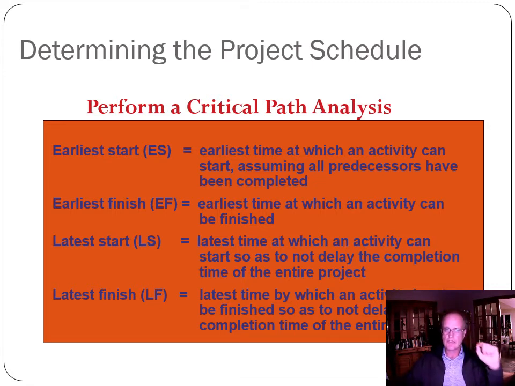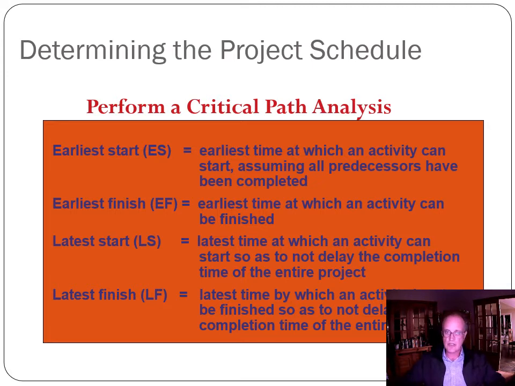We have the earliest start time, which is the earliest at which an activity can start, assuming that all predecessors have been completed. So the earliest start for an activity is the earliest period in the project we can start that, which means it depends on all the things that come before it. The earliest finish is the earliest time at which an activity can be finished.